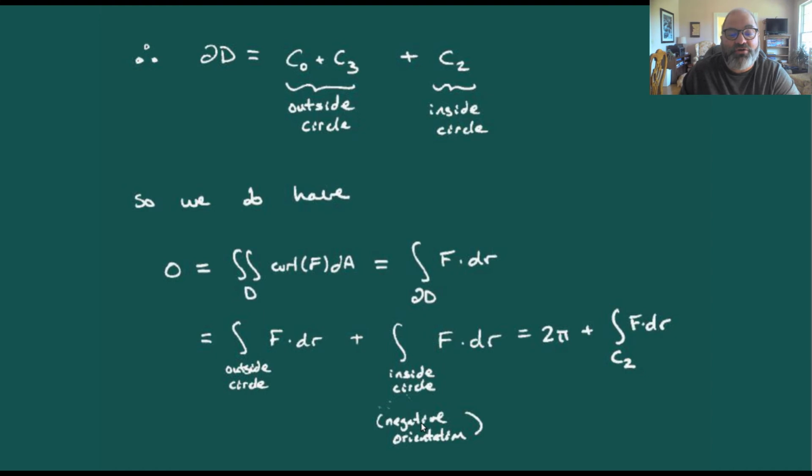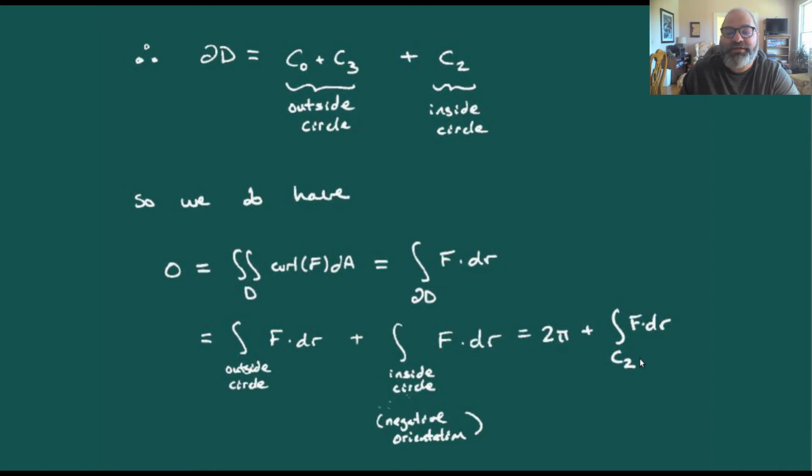The inside circle is traced clockwise so that we're keeping our region over to the left. The outside one is the one we computed before, and it ends up being 2 pi.